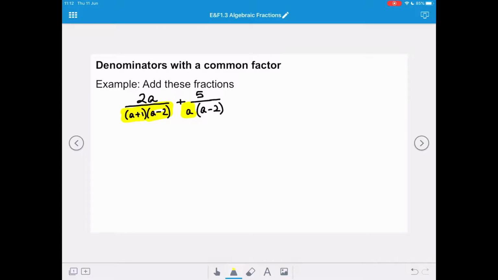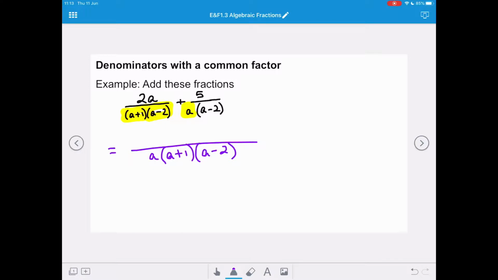We're not going to repeat that a minus 2 that's repeated on the second fraction. So our common denominator is going to be, and we'll write it in order, a upon a plus 1 upon a minus 2. Now to convert the first fraction, we're going to multiply it by the extra fraction we've got in our denominator, which is the a.